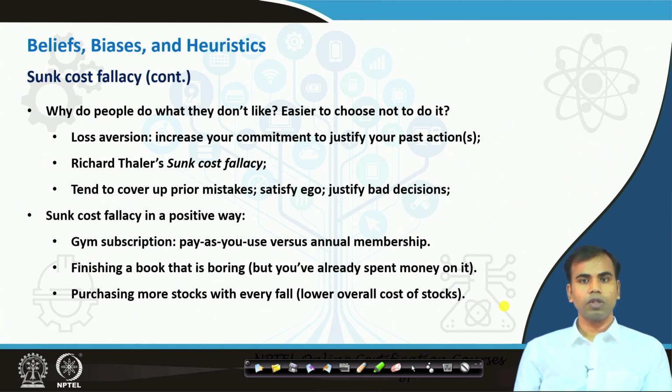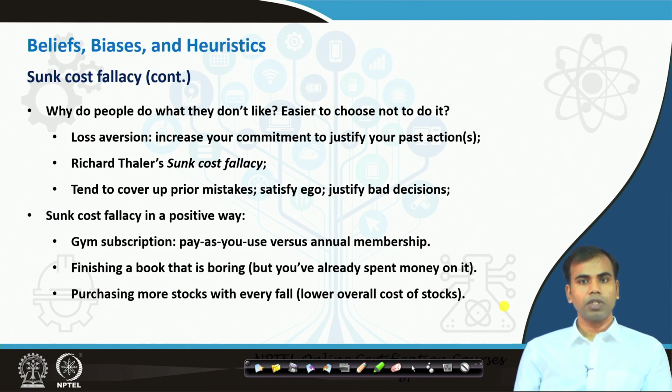Whereas, if you stick to the pay as you use plan, the commitment level is satisfied immediately and there is no further commitment required from your side. So, if you want to maintain that discipline, you probably would like to pay for the annual subscription plan. This is a positive example of sunk cost fallacy.